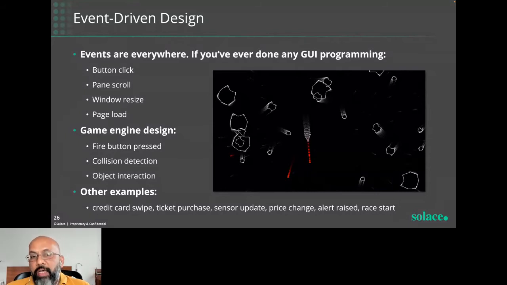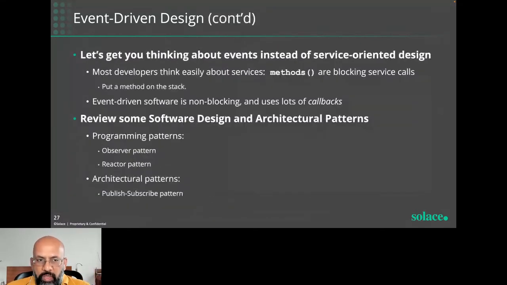If you're a gamer, I don't even have to say anything. You very well know that every action of yours is an event. In the real world, a credit card swipe on a swiping machine, that's an event, right? And generate a bill, that's an event, or send an email, that's an event. So events are everywhere all around us.